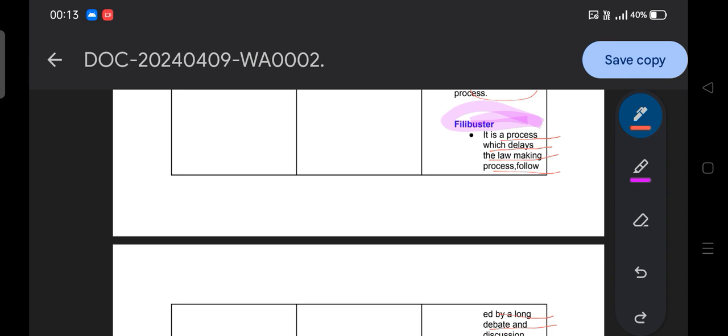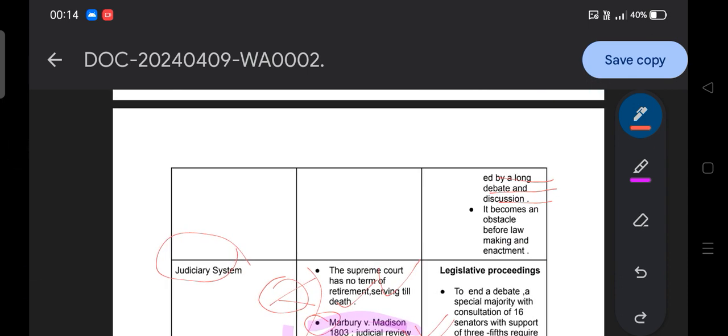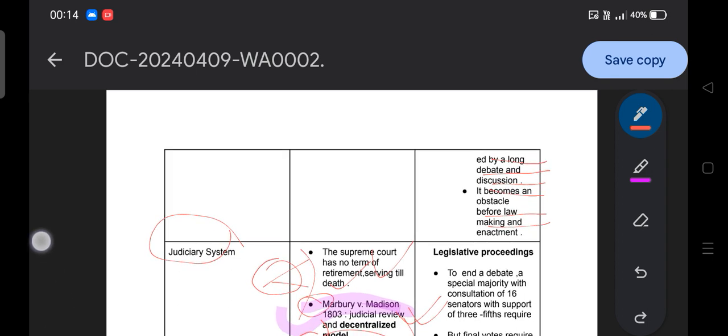You must have seen in legislative practice that members of parliament do too much debate and discussion, causing delay in law-making, and that concept in the US is known as filibuster. It becomes an obstacle to law-making and enactment, very detrimental to the law.